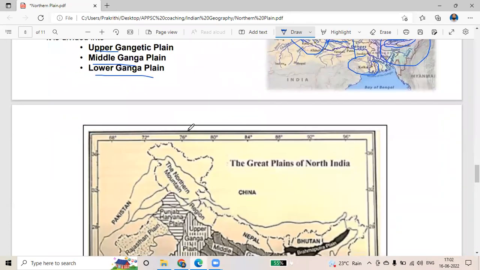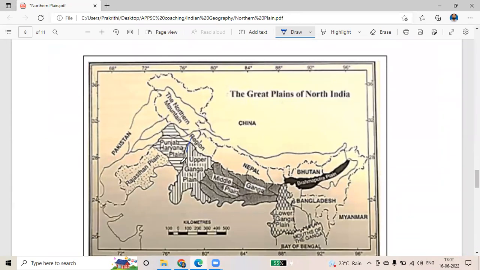We can say like that. Upper Ganga हो गया. If you look at this, यहाँ से पंजाब हरियाणा plain हो गया, and यहाँ से southward extension हो गया राजस्थान plain. So this comes under western plain के नीचे आ गया. Then at eastern side there is upper Ganga plain, then middle Ganga plain, then the lower Ganga plain. Then यहाँ Brahmaputra plain. So these are the plains that comes under the eastern plains.